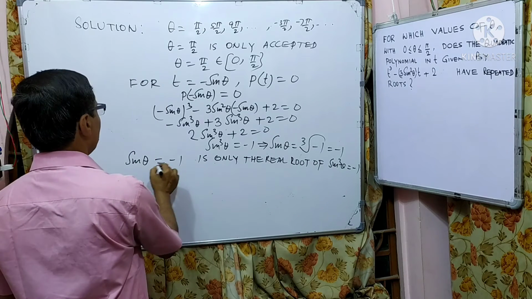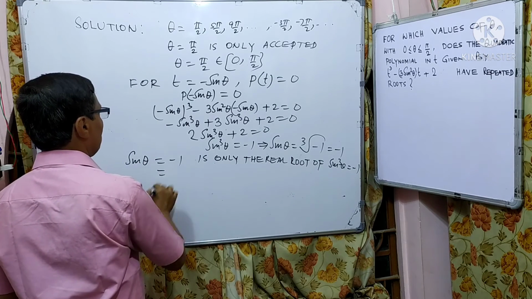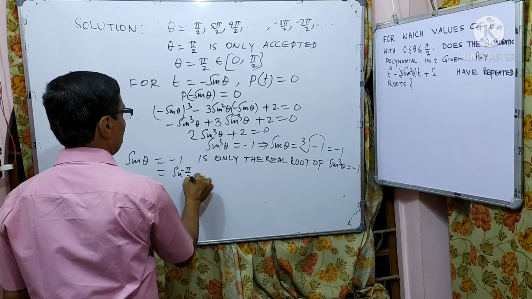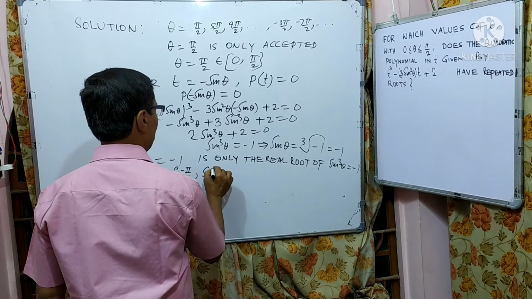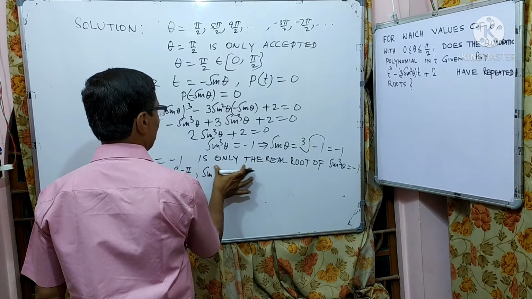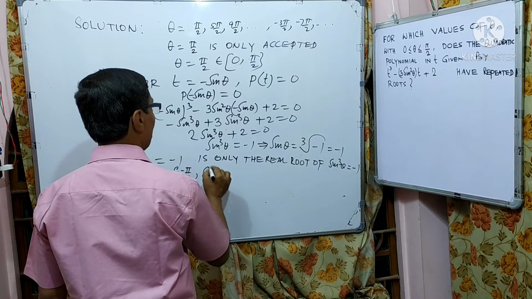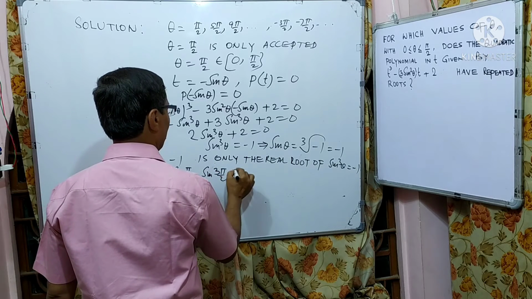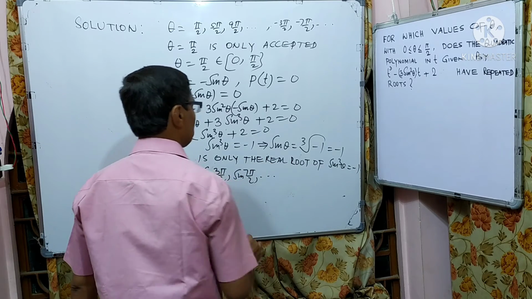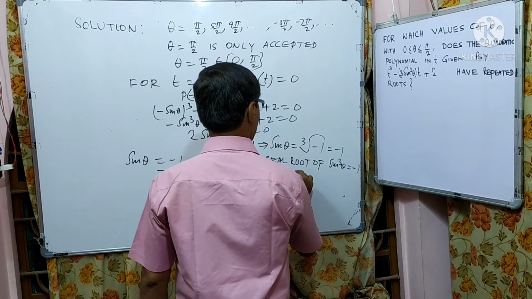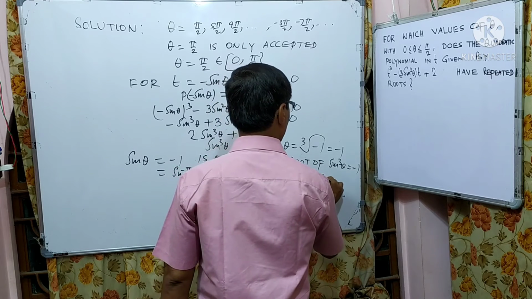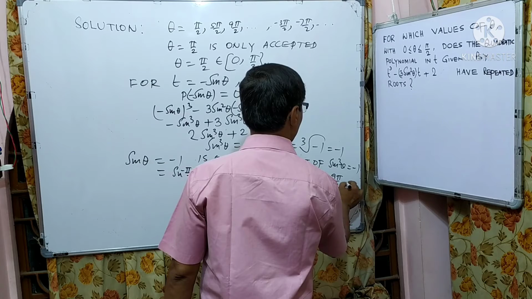For sin theta equal to minus 1, we get minus 1 as the sine of minus pi by 2, sine of 3 pi by 2, sine of 7 pi by 2, and so on, and also sine of minus 5 pi by 2, sine of minus 9 pi by 2, and so on.